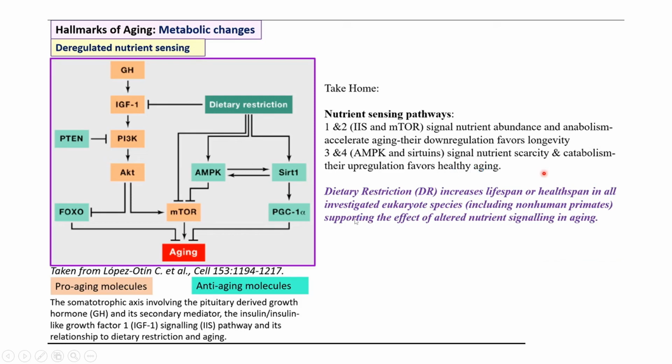So from this signaling pathway, you can sense that during dietary restriction conditions, people generally say that fasting is better for your health. There is the concept of intermittent fasting, which will lead to balance in the glucose level inside the body.